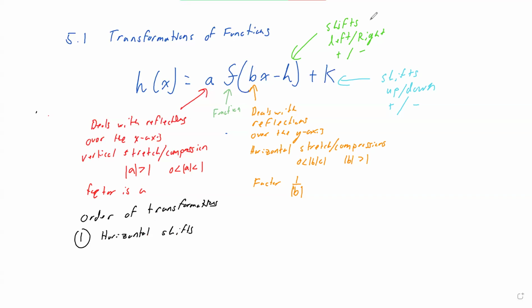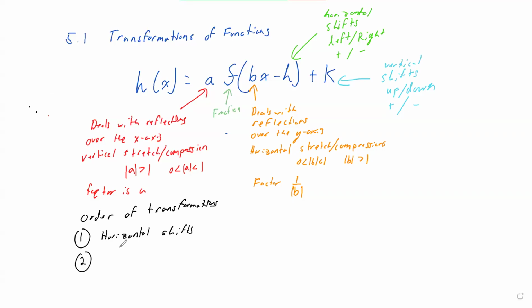But this right here would be horizontal because it goes left and right. And this is vertical because it goes up and down. So that deals with your left and right. So that's the first thing you deal with.